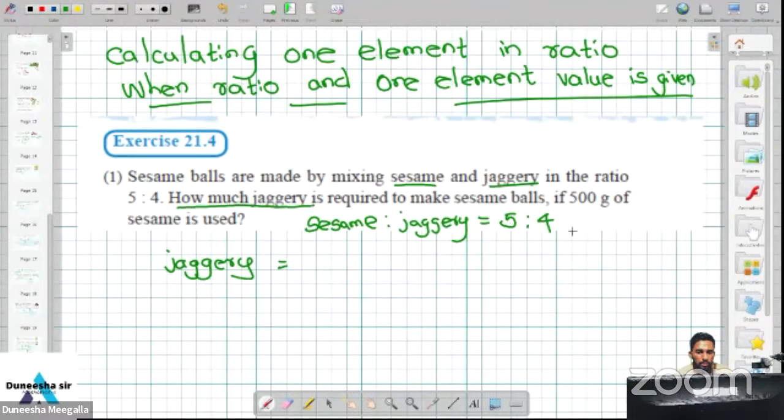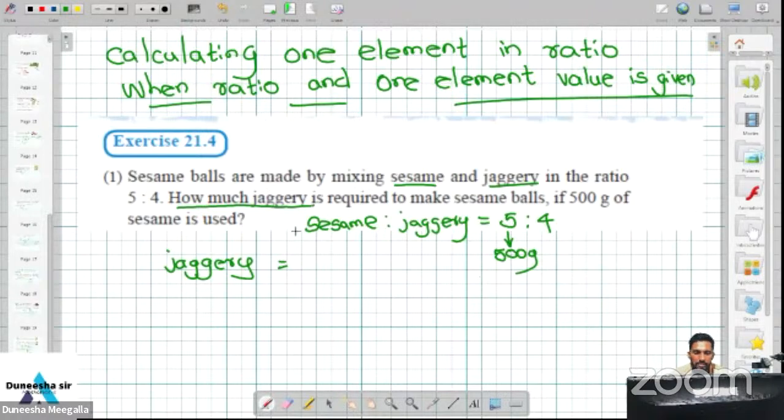Now we know how much sesame in this mixing. 500 sesame is given, isn't it? Then asking how much jaggery need to this mixture.